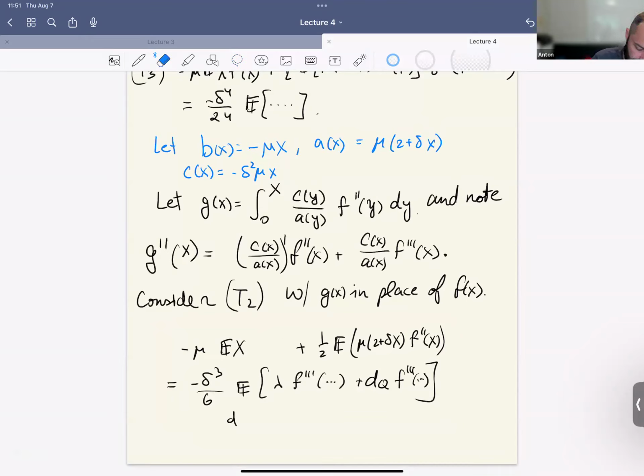Instead of f prime, I now have g prime. But g prime is C of x over A of x f double prime of x.